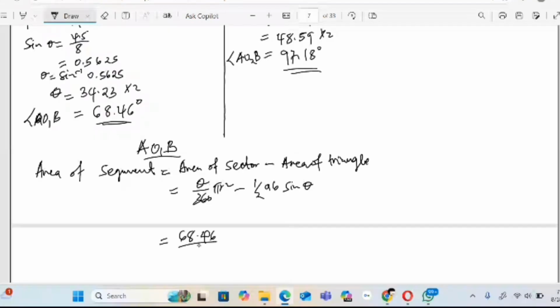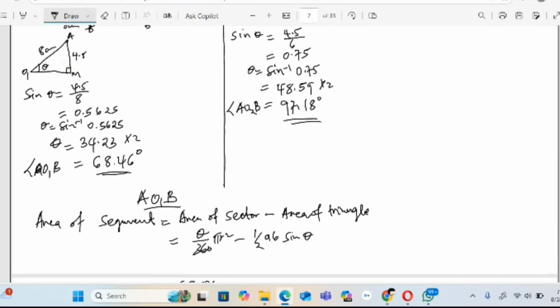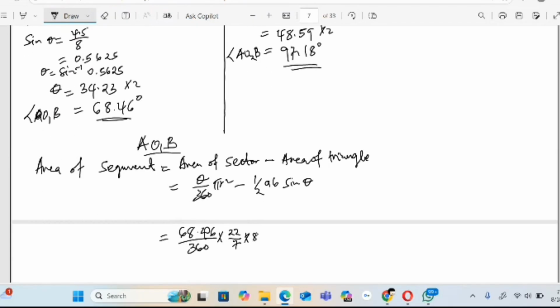You can use 22 over 7 times r squared, the radius. The radius here is 8, so 8 squared. Now we minus a half AB.